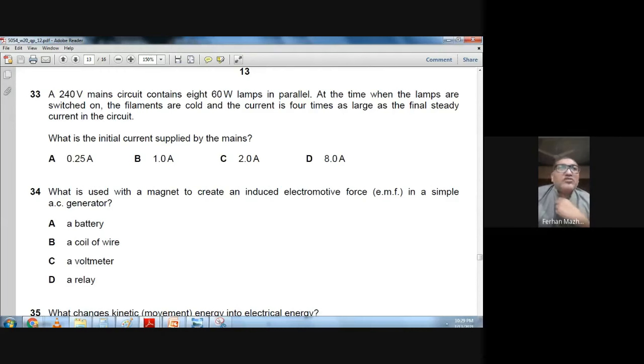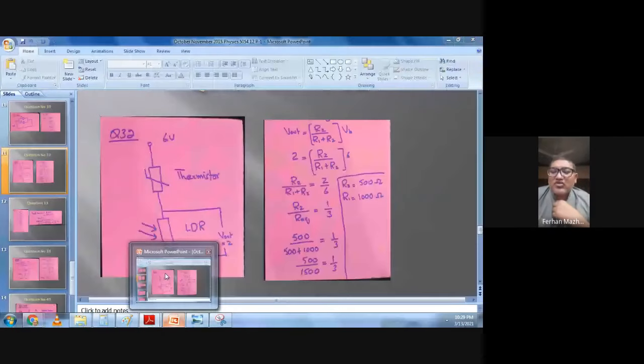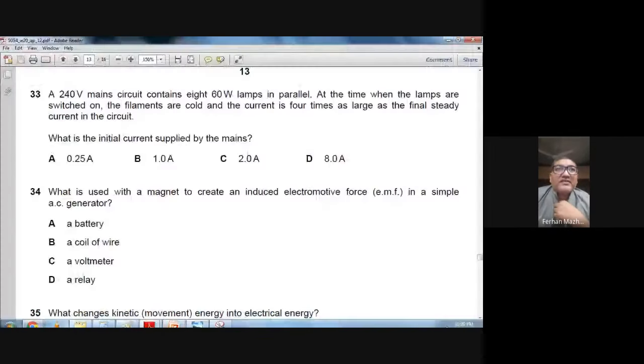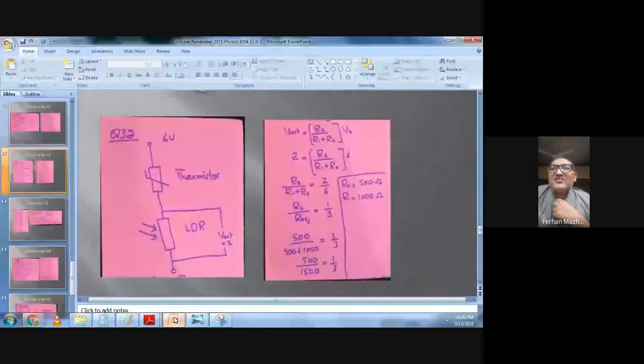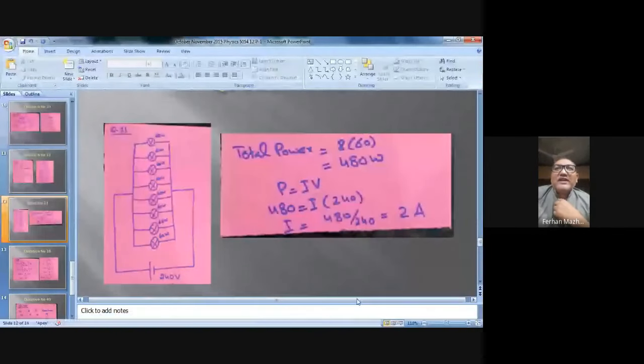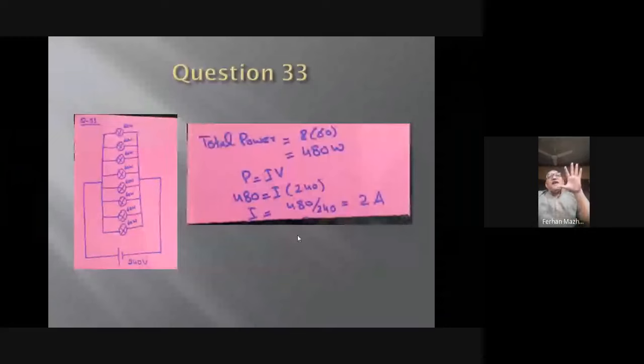Let me show you how I have tried to solve it. We have 8 lamps, and they are connected in parallel to each other. Each lamp has a power of 60 watts, so the total power will become 8 multiplied by 60, that's 480 watt.